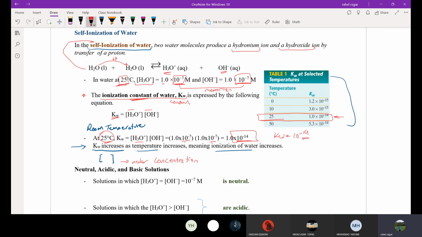So if anything is between those brackets, it means the concentration of that thing. For example, H3O between the brackets means the concentration of H3O, and OH between the brackets means the concentration of OH. Anything between those brackets means molar concentration.